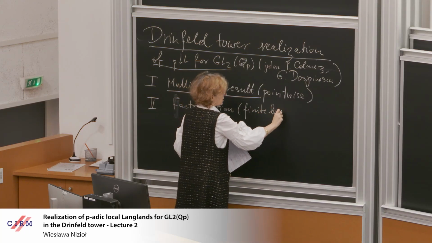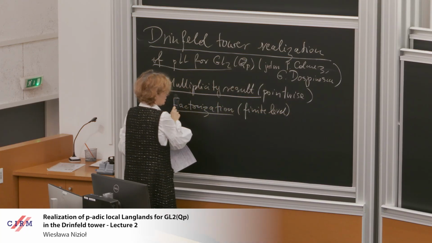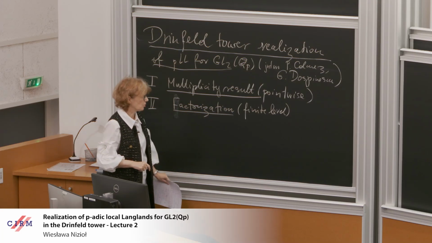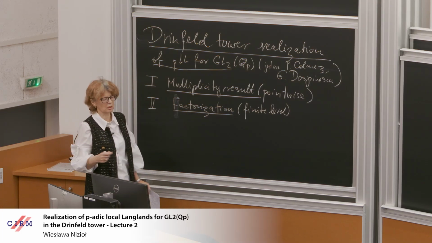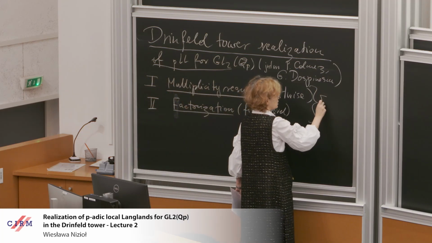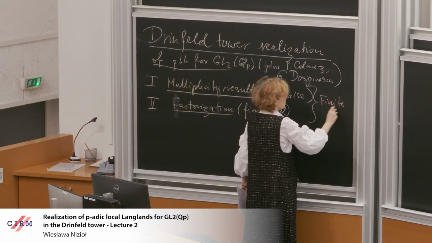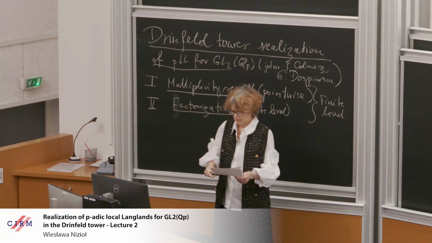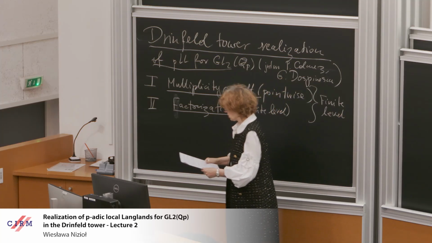So we are on finite level of the Drinfeld tower, and we factorize a certain version of completed cohomology, completed cohomology in the C direction. So this is all finite level. And these two results are written down, and they are on arXiv.